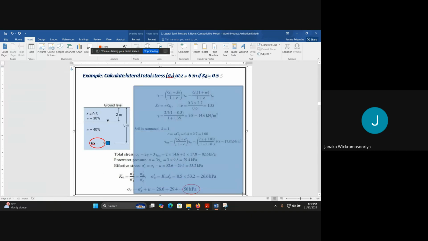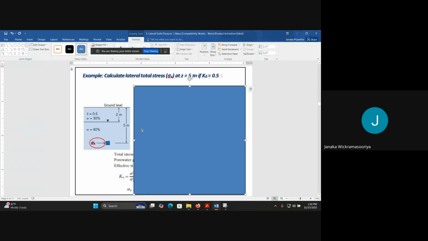This will be an example question. For example, calculate the lateral total stress sigma x at this point, if K naught is 0.5. K naught value is given, right? Shall we give a try?